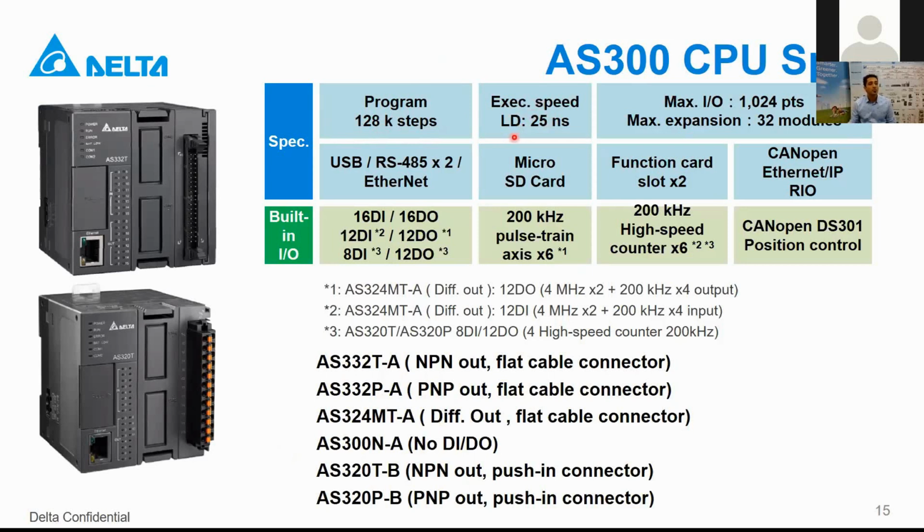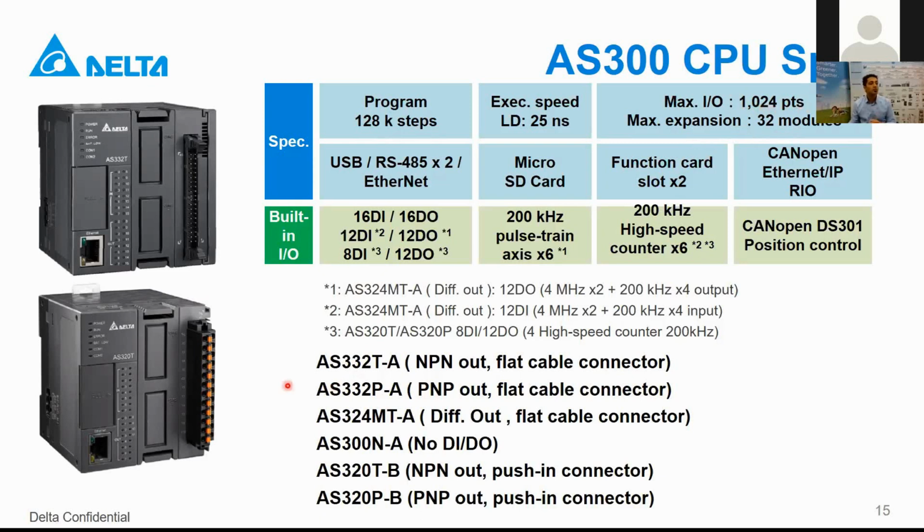And execution speed for 1 contact, only 25 nanoseconds. And it supports up to 32 I/O modules, and up to 1024 digital points. So what does it mean? We need to consider both of them when we are choosing the configuration. So here, let's say that we have 10 modules only, and we reached 1024 points already.